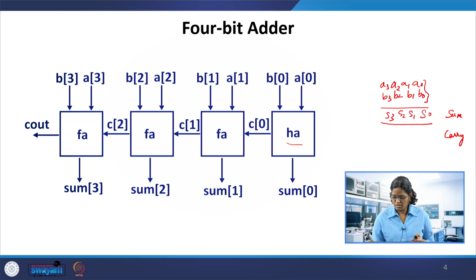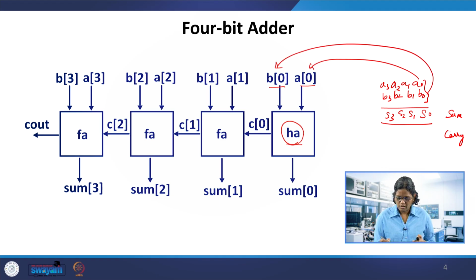The first bit doesn't have a carry in, so the half adder is sufficient in the 4-bit adder. The first bit can be summed up with the half adder. A0 and B0 are the two inputs, and the carry which comes out of this is C0.